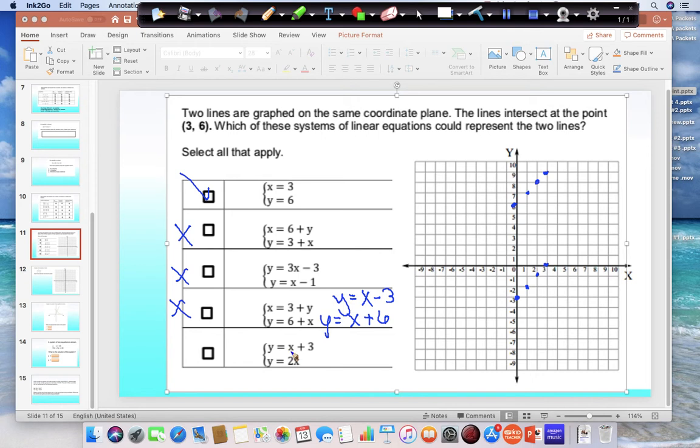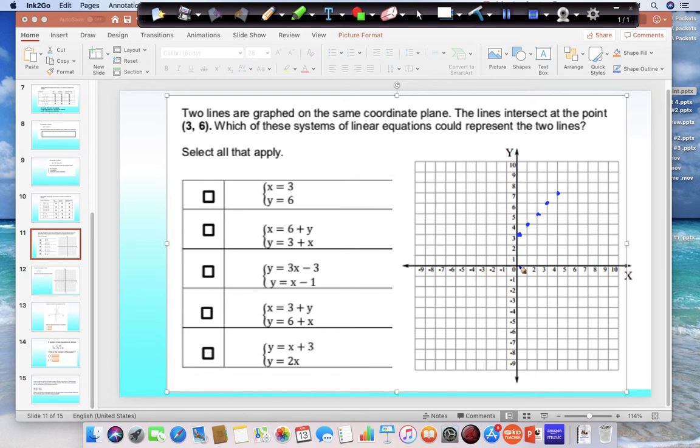Okay, and our next one, x plus 3, starts at positive 3, and then we go up 1 over 1. Okay, this one does go to 3, 6 on that point. So let's see if the bottom equation does 2x.